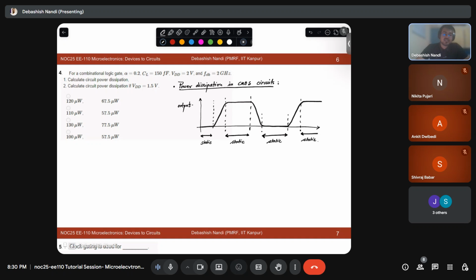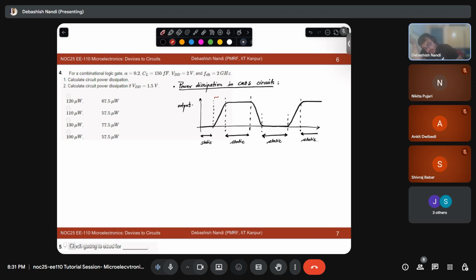These states are called static states. Static state means the time duration during which your output is not changing. That is your static duration.